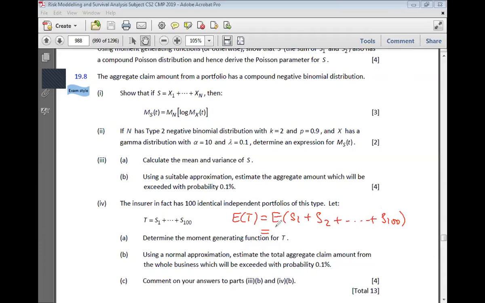Then you can rewrite this as expectation of S1 plus up to expectation of S100, because these are independent. And because these are identical as well, this would just be 100 times expectation of S1.